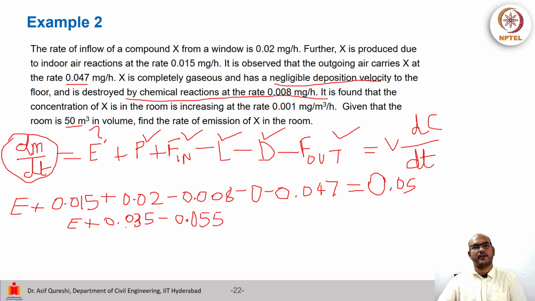So E plus 0.035 minus 0.055 equal to 0.05.